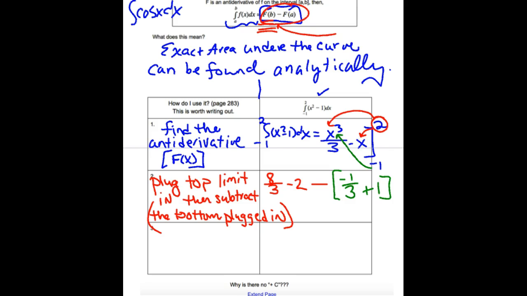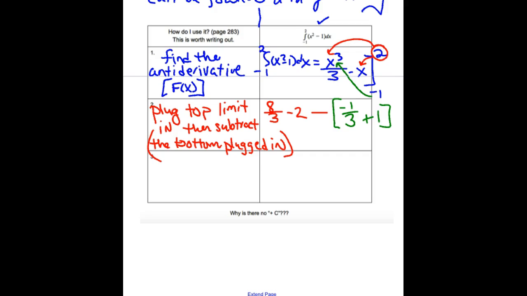Next thing you do is the arithmetic. So there's going to be lots of fractions and lots of signs. I'm going to give you a little way to combat that without making mistakes. Don't go to your calculator because you wouldn't have one. When you can use one, go ahead, but you normally won't have one for one like this. What I would suggest you do is take care of this first, either in your head or if it's ugly, get a common denominator, but everybody should be able to tackle -1/3 plus 1 without an issue, right?